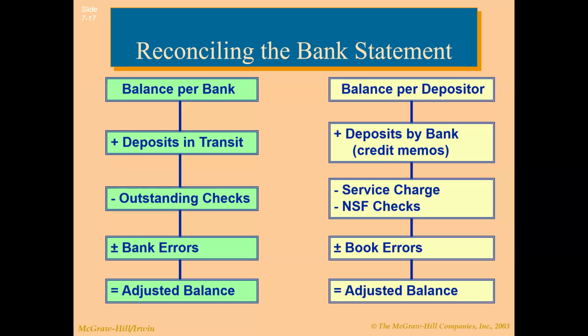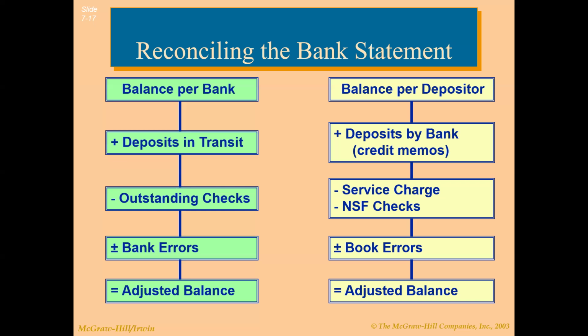Nowadays the statement is available at any time due to online banking, but in earlier days the bank usually sent it to the account holder at the end of the month.